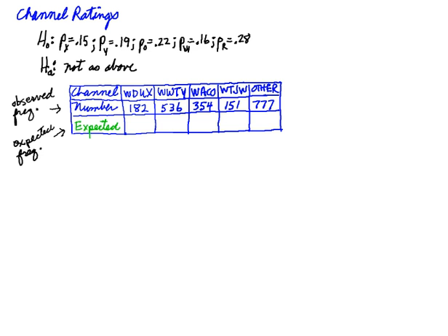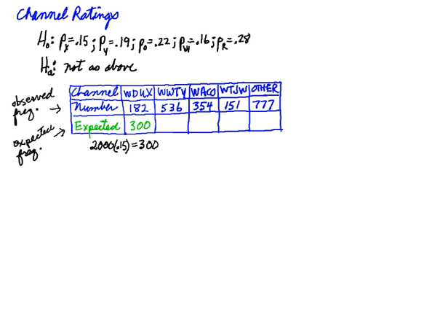But when I take 2,000 and take 15% of it, that turns out to be 300. So I would expect that out of our sample, if the 15% has not changed, we would expect to see 300. What we actually observed was 182.